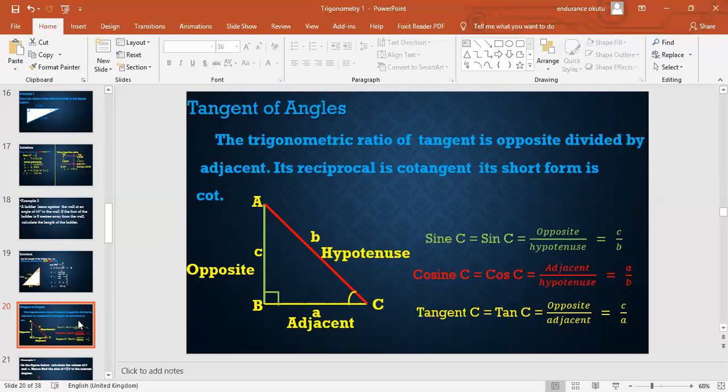For short, it is written as cot, which is 1 over tan. So the trig ratio for tangent, recalling our right angle triangle, is tan C equals opposite over adjacent, which is C over A. Now let's look at some examples.